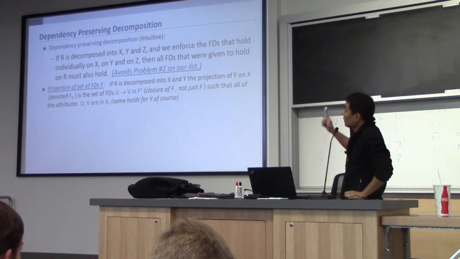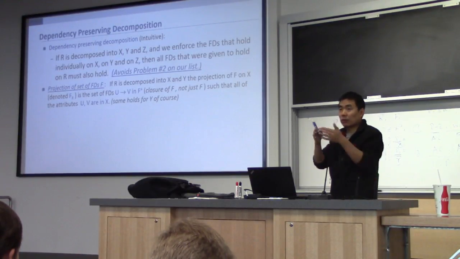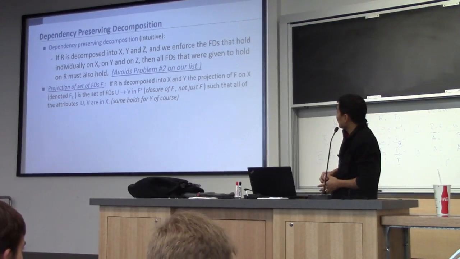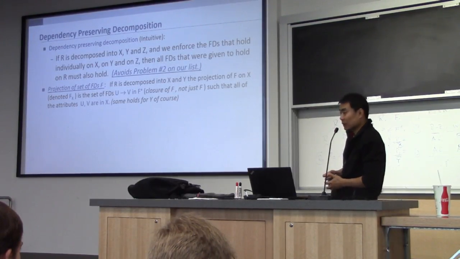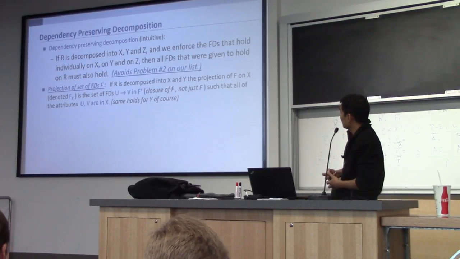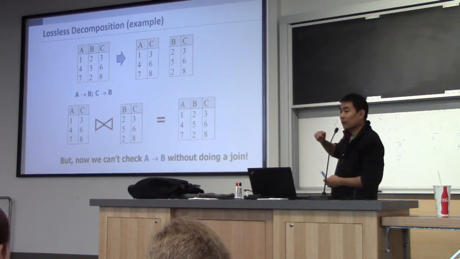Now, if R is decomposed into X, Y, and Z, so this is a 3 decomposition example, and if we enforce the functional dependencies that hold individually on X, on Y, and on Z, then all functional dependencies that were given to hold on R must also hold. Let's check if that's the case here.